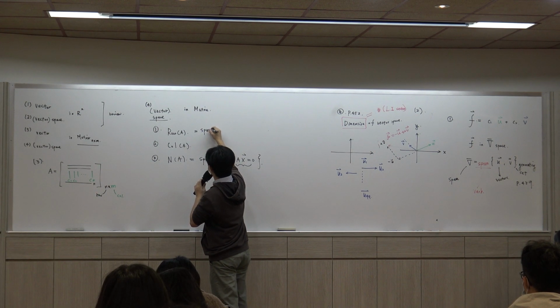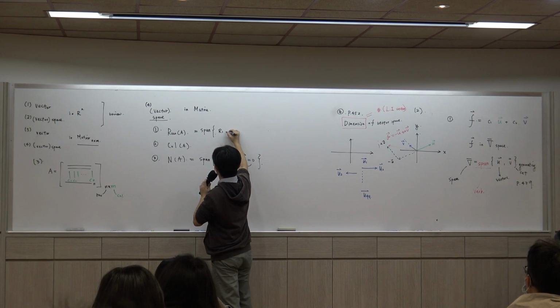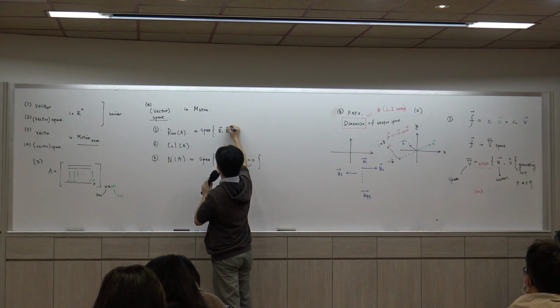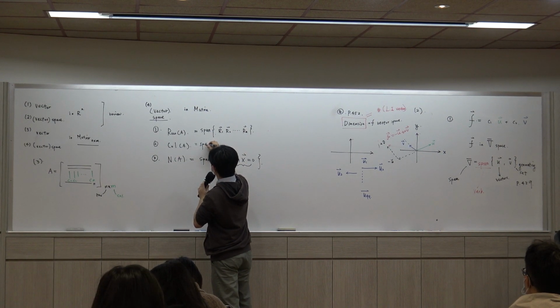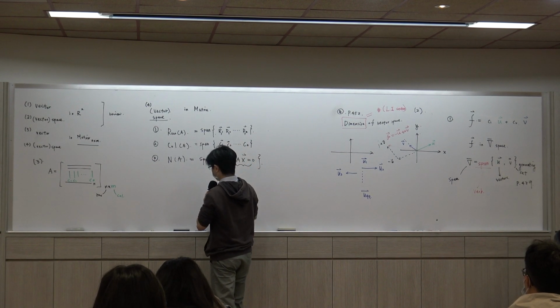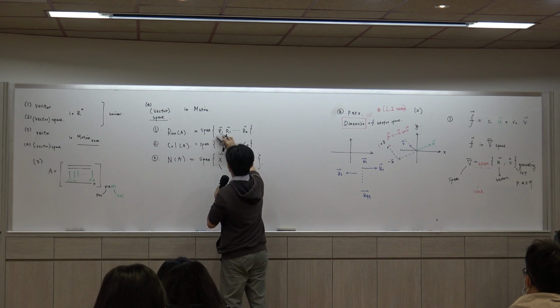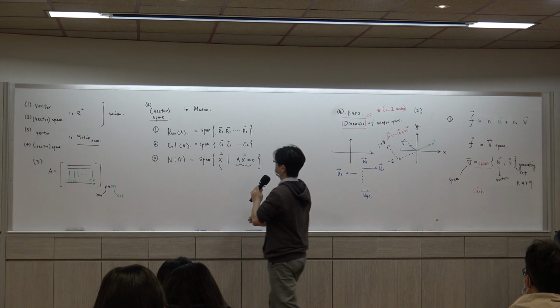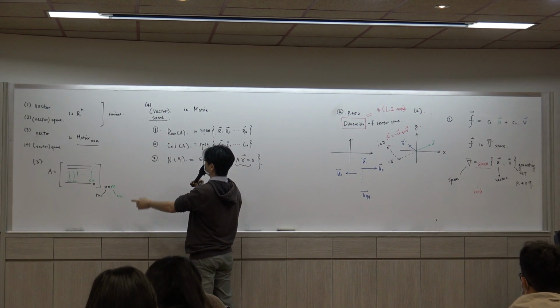So there are three representative spaces in the matrix.